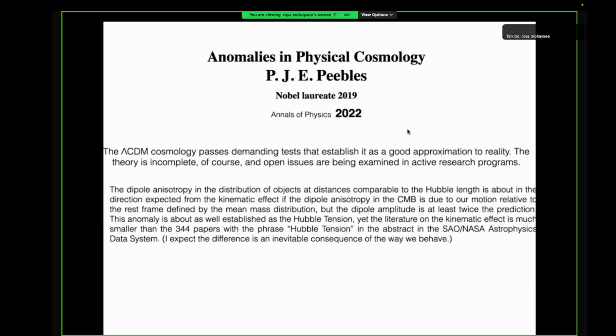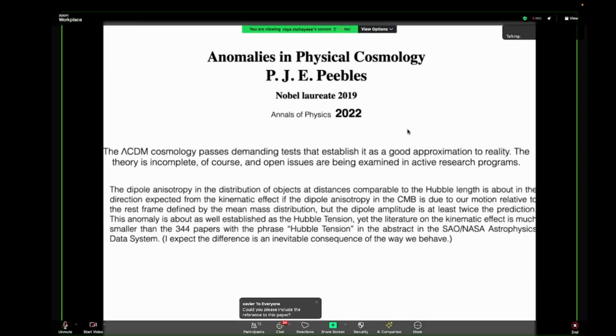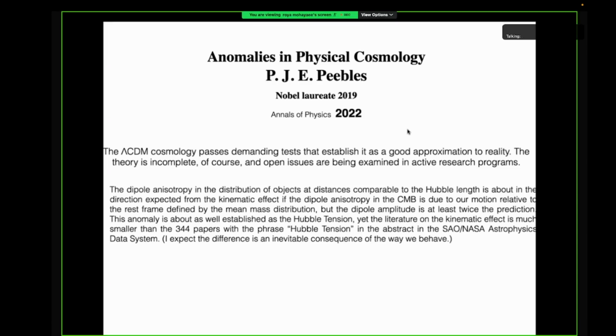Yeah. So these Bianchi models, you don't have just one scale factor. You can have different scale factors, and there could be a preferred direction. With the CMB, there are different anomalies people have been talking about. There is the cold spot that was considered an anomaly.